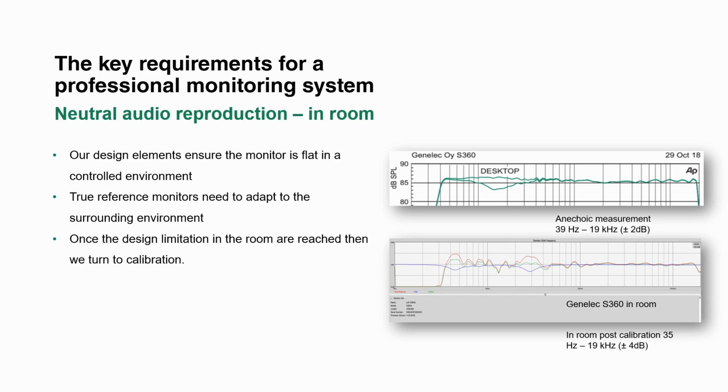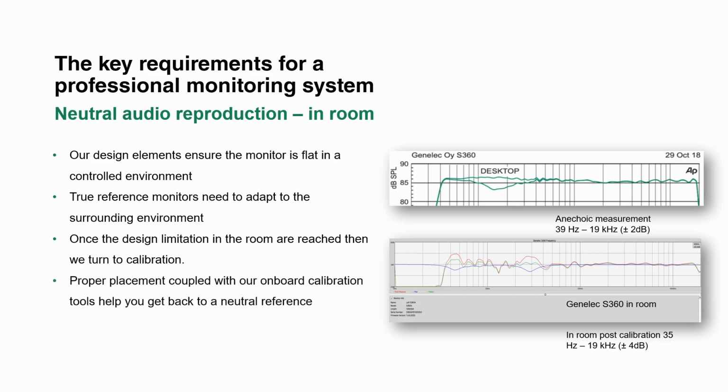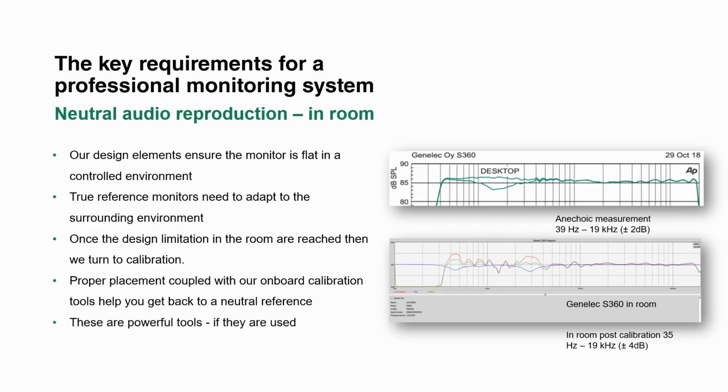And a way that we try and achieve that is through proper placement, and then secondly, we use our onboard calibration tools to be able to neutralize the frequency response within that room. The goal is to help you get back to a neutral reference. And these are very, very powerful tools if they are used. I speak to a number of customers and ask them, have you calibrated your system?